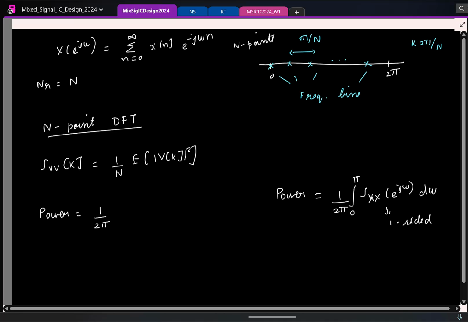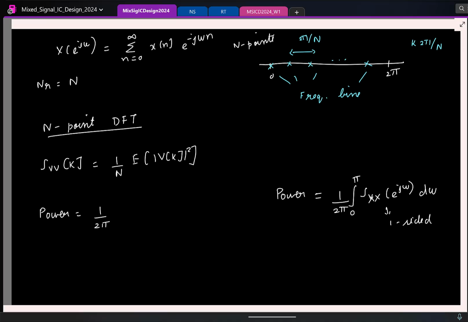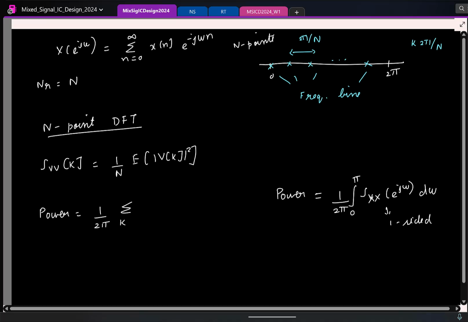Here I'm integrating with respect to omega, but we no longer have omega. You only have k as the variable, a discrete variable. And remember, here omega goes from 0 to pi. So k should go from what value to what value? 0 to n by 2. Remember, 0 to 2 pi is mapped as 0 to n, so pi maps to n by 2.